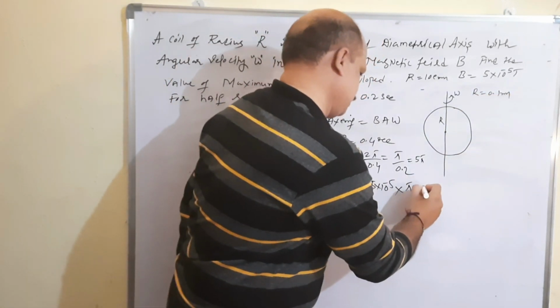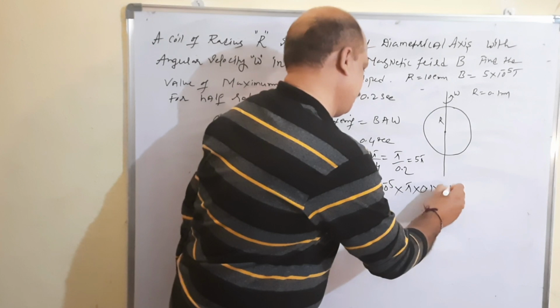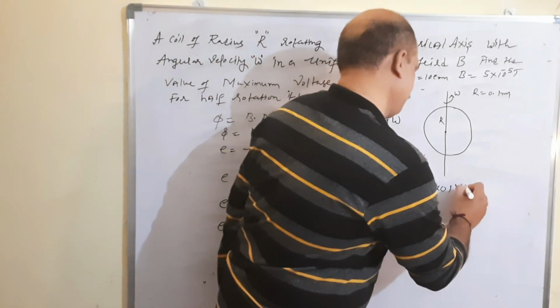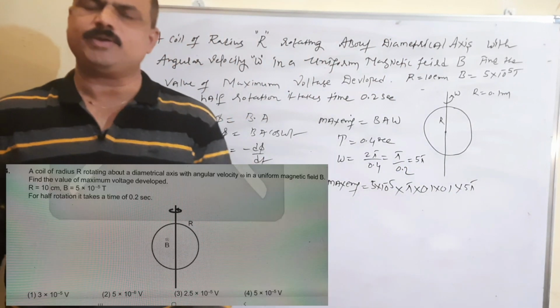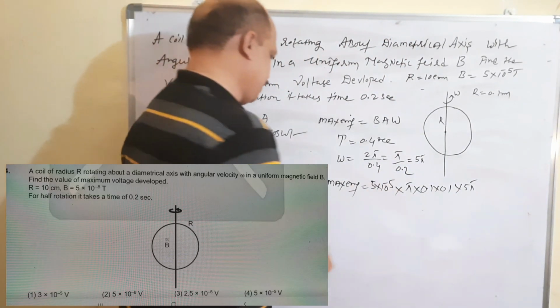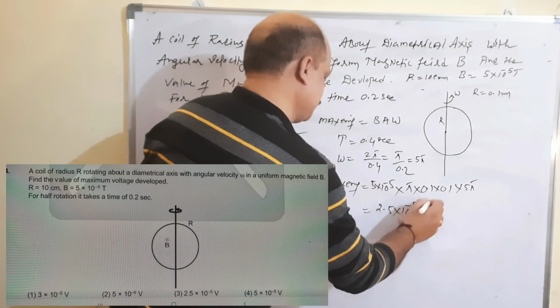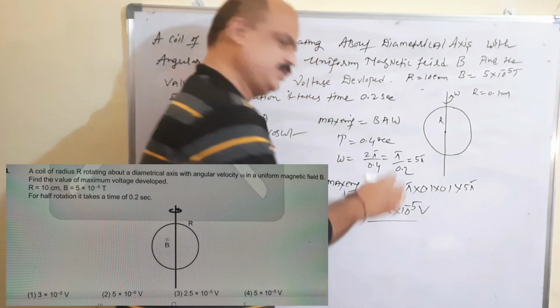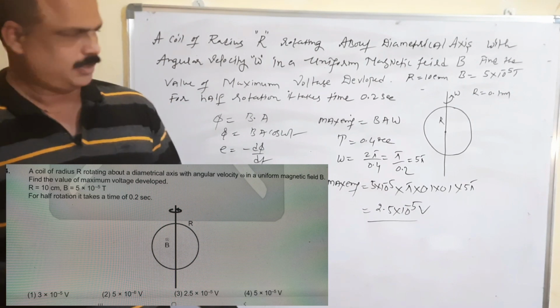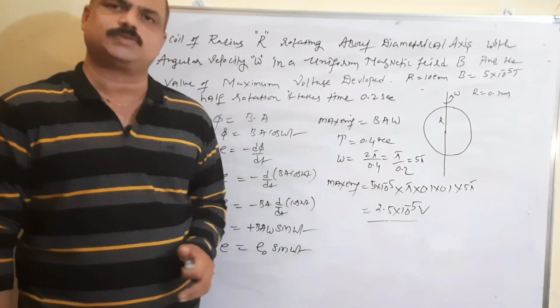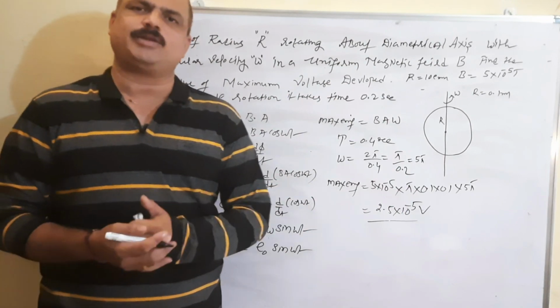So r square is 0.1 into 0.1, and omega is equal to 5 pi. By doing the calculation we get the answer as 2.5 into 10 to the power of minus 5 volts nearly. So among all options we choose this as the correct option, 2.5 into 10 to the power of minus 5 volts. These are the memory based questions.